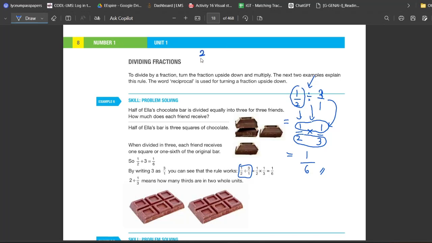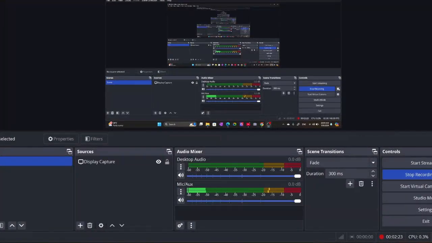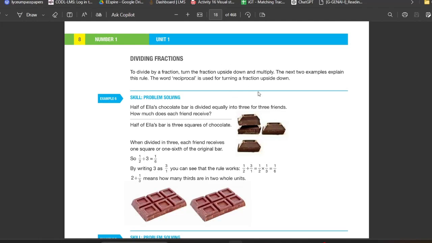If the fraction is 2 over 3, the reciprocal is, we turn the fraction upside down, 3 over 2. I think you can remember the reciprocal.